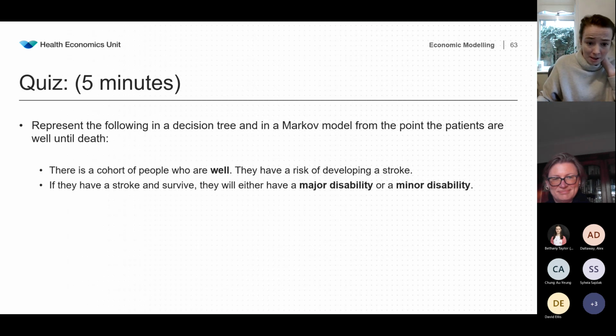But first, I want to make a point using this quiz. Represent the following as a decision tree, and then draw it as a Markov model from the point where the patients are well until death. You have 30 seconds.